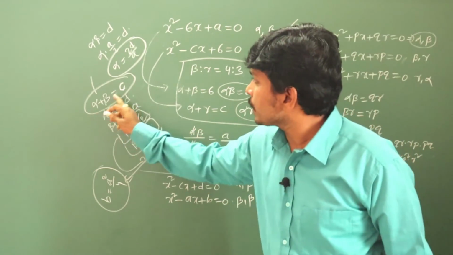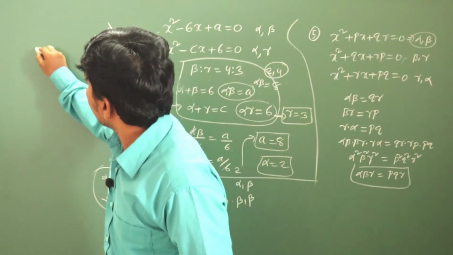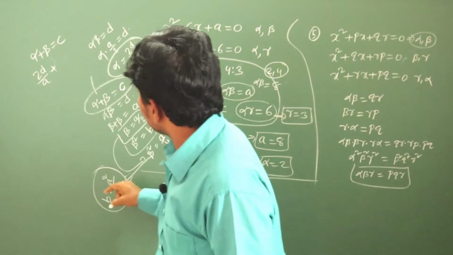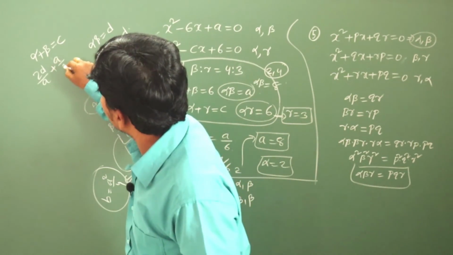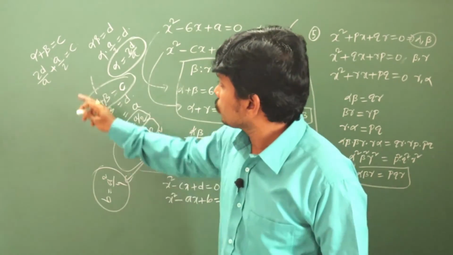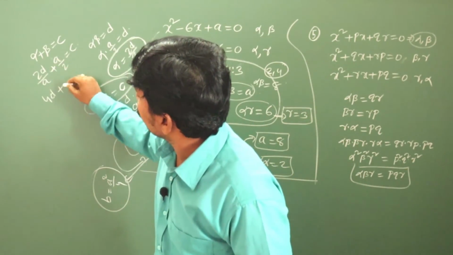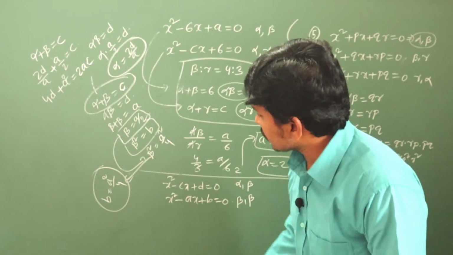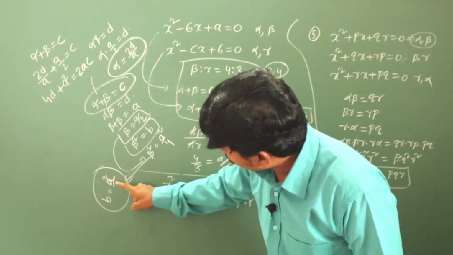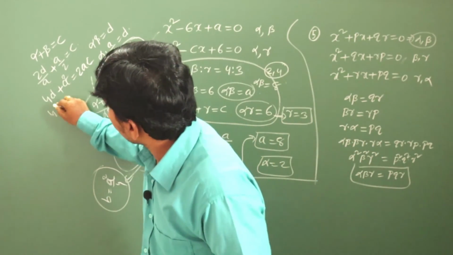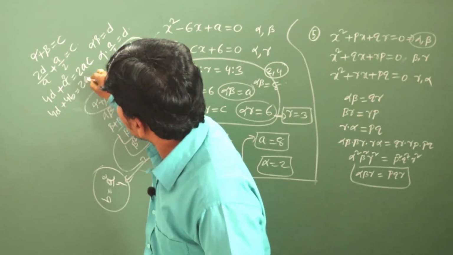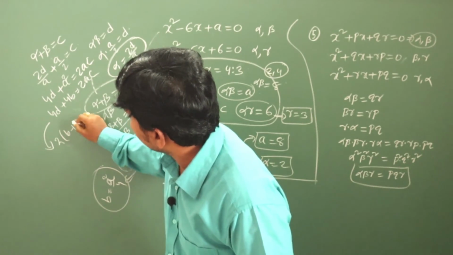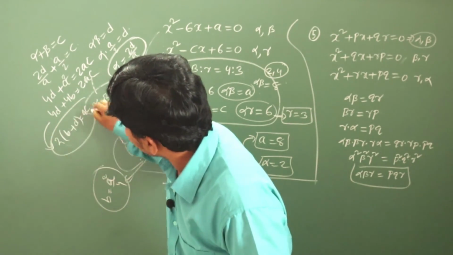Alpha plus beta is equal to C. Alpha value 2D by A plus beta value A by 2 equals C. Taking LCM, 4D plus A square equals 2AC. Here, your A square value is 4B, so 4D plus 4B equals 2AC. Taking 4 common, 2 times of B plus D equals AC.